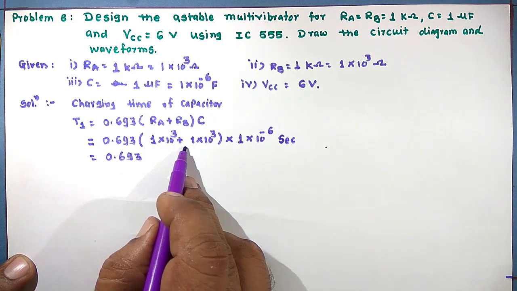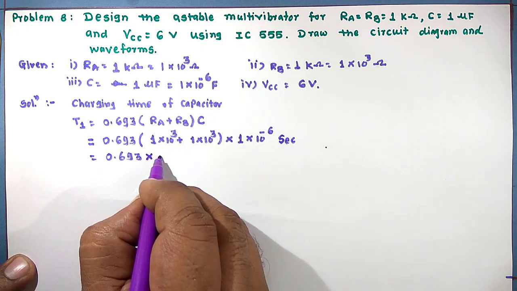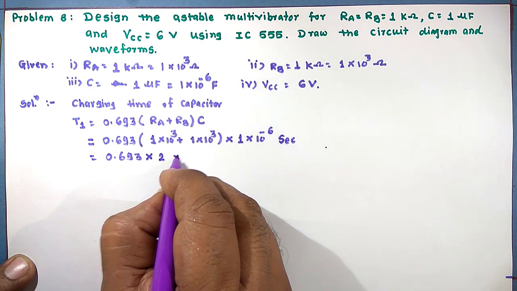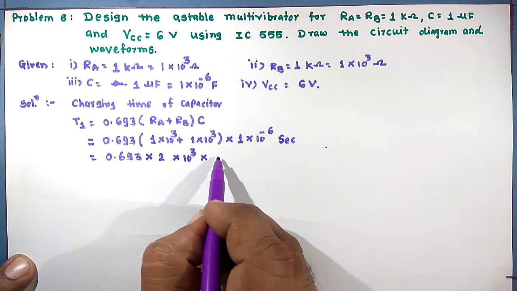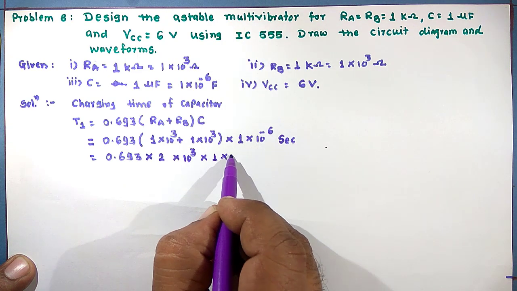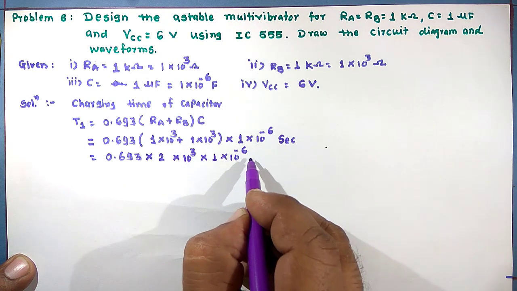So there will be 1 plus 1, that is 2. 2 into 10 raised to 3 into 1 into 10 raised to minus 6 second.